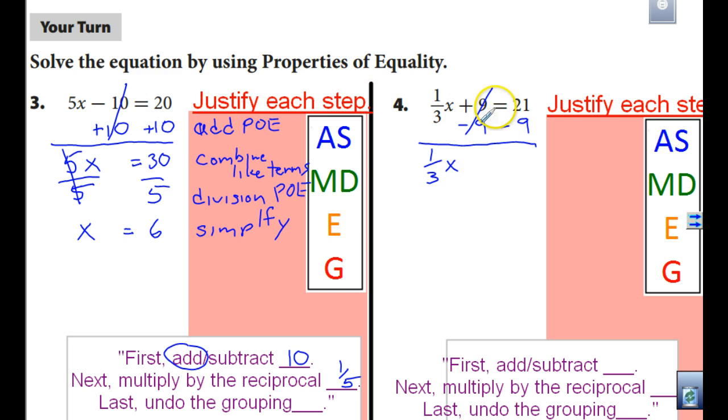Notice how I like to keep, and I'd like you guys to keep the equal signs lined up and drop things straight down. So like I didn't do anything to this, I just drop it straight down. This became a 0, so there's a space here. Got the equal sign straight down. And keep things vertically aligned. It's just easier to follow your work. Where did you get that? Oh, yeah, negative 9, positive 9, 0. That's why there's nothing there. 21 minus 9 is 12.